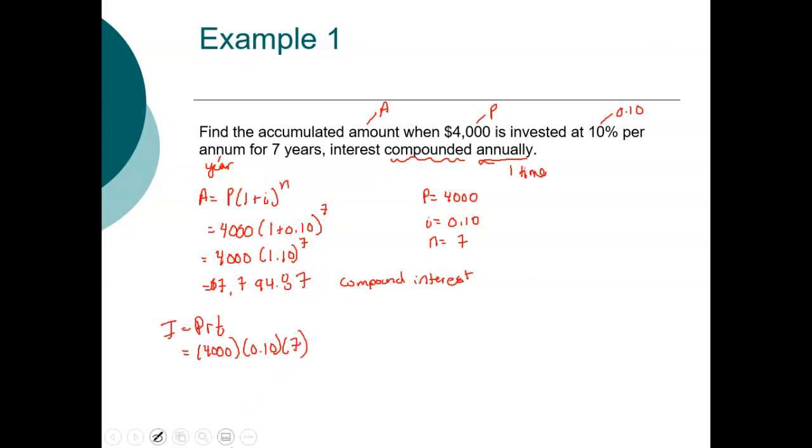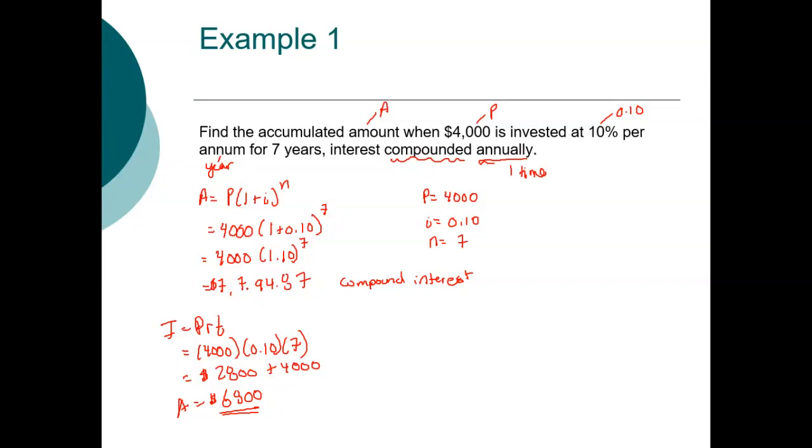So 4,000 times 0.1 times 7. That's the amount of interest I've earned, $2,800. We're going to add that back to 4,000, so that gives me an amount of $6,800.